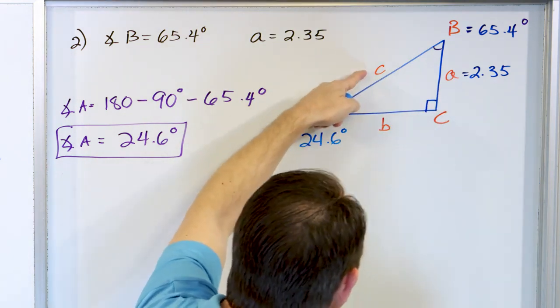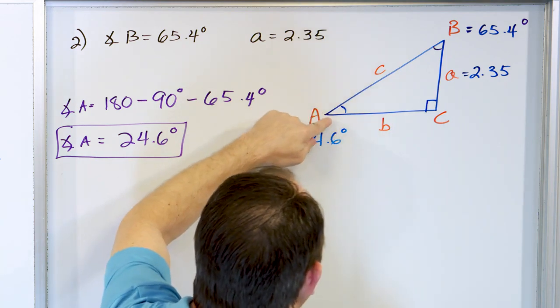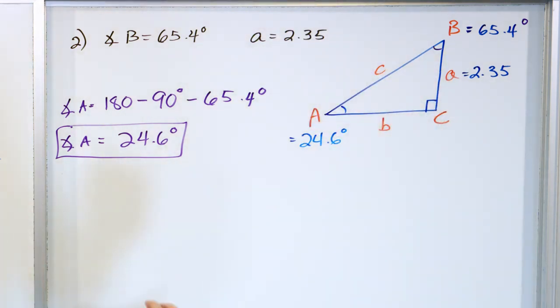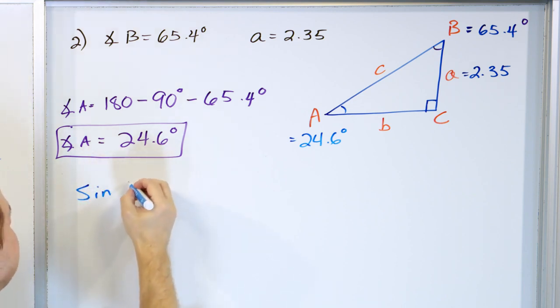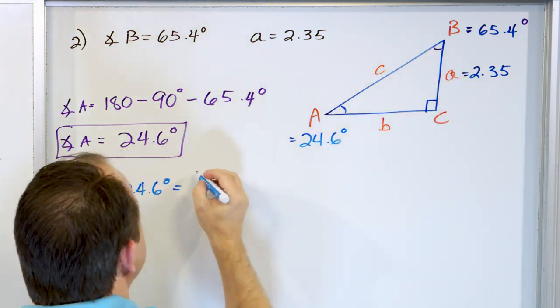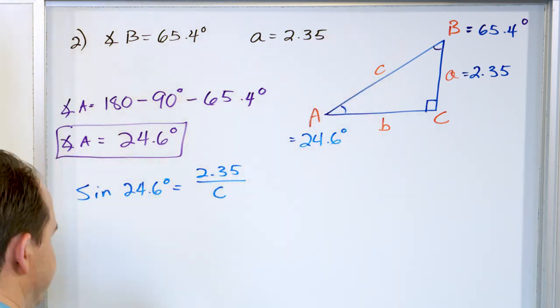But I need the hypotenuse, so I'm going to solve for the hypotenuse first. The sine of angle A, which is 24.6 degrees, has got to equal the opposite side, 2.35, over its hypotenuse, which is C.